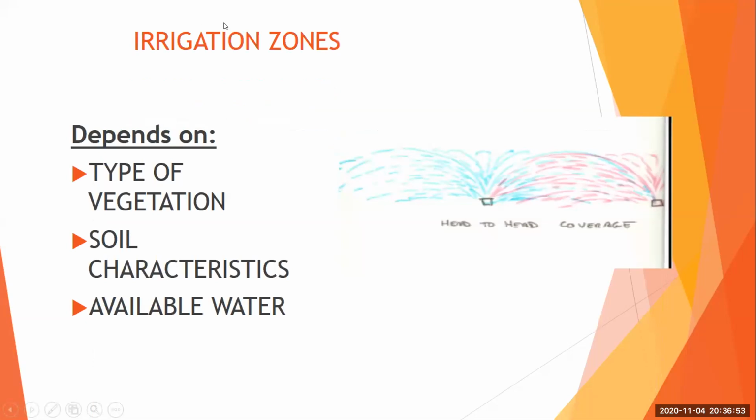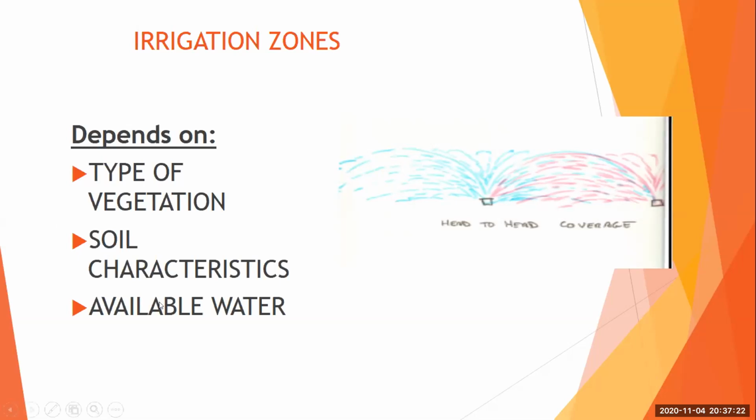Okay, the irrigation zone is going to depend on the type of vegetation. You can have grass, trees, ground cover. The soil characteristics: if you have a very sandy soil, you can have some irrigation devices, but if you have a very heavy soil like clay, you have another device.